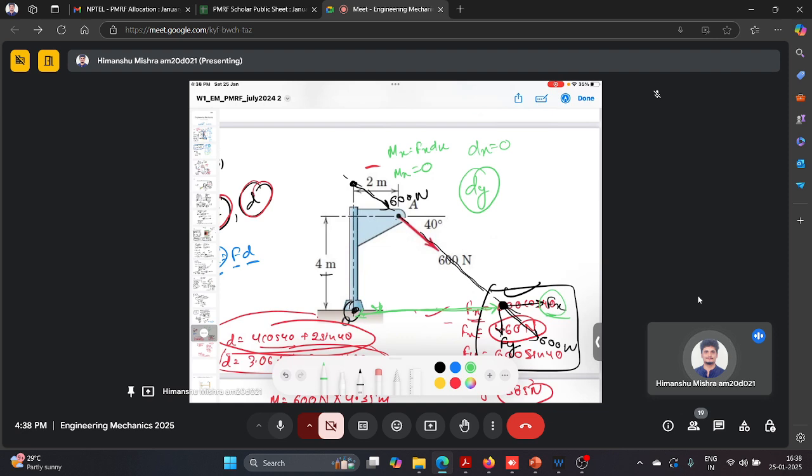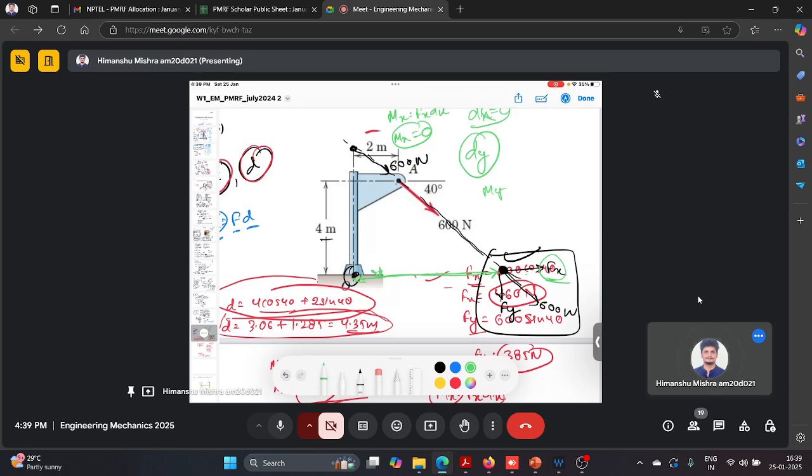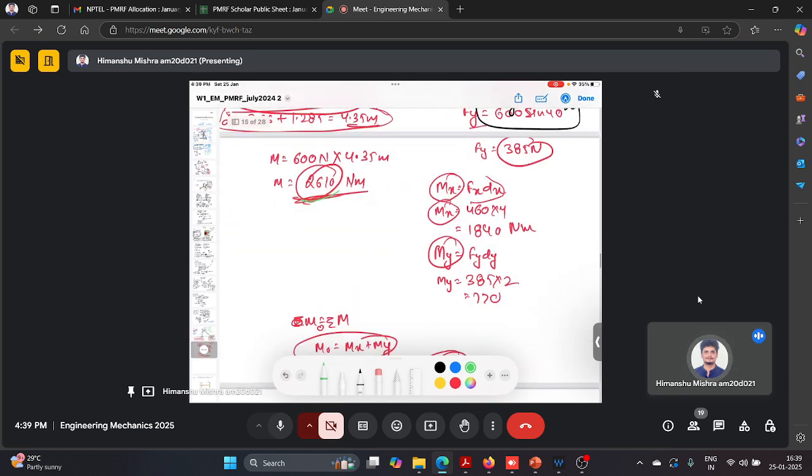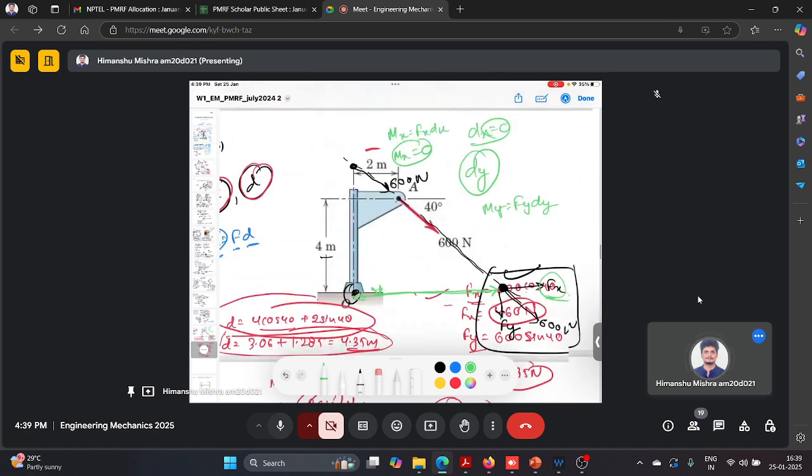There is no perpendicular distance from point O to Fx. So dx is zero, which means Mx is zero. So now I need to calculate Fy times dy and check if I get the same result, 2610, that we have obtained from the last two methods.